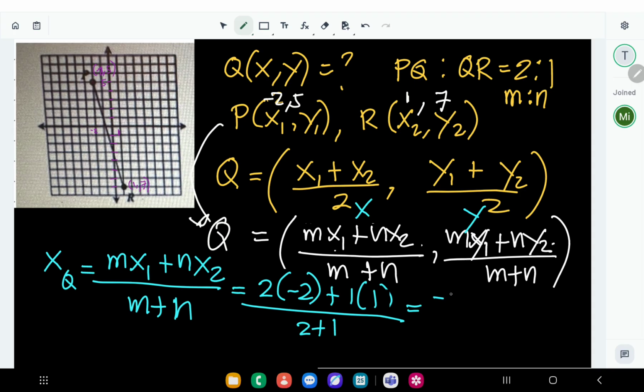So this is just -4 plus 1 over 3. So this is -3 over 3, -1.